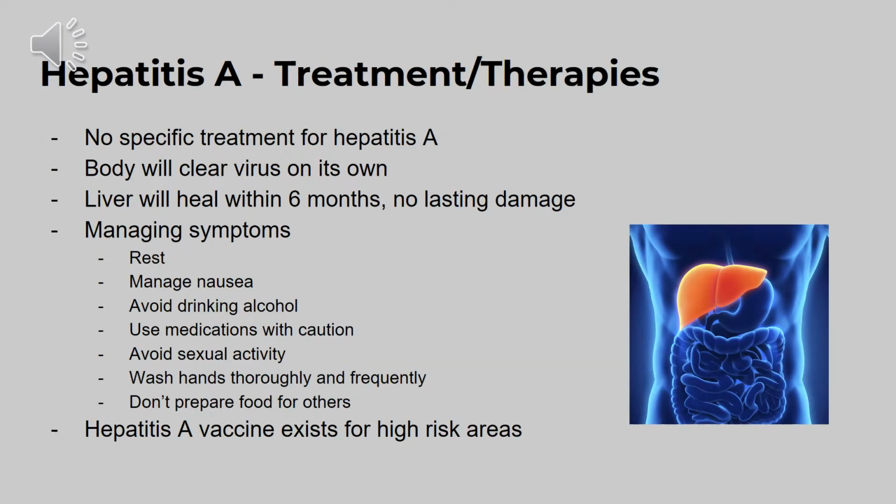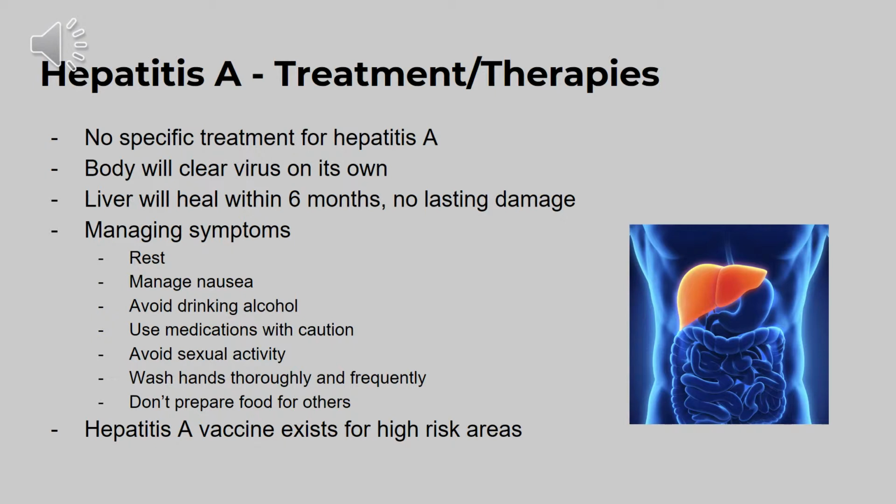As far as treatment goes, there is not a specific treatment for hepatitis A. Usually the body's immune system will clear this virus on its own, and the liver will heal within 6 months. Generally, there will be no lasting damage to the liver. Sometimes symptoms may need managing. That could include anti-nausea meds, rest, being careful and cautious with prescribed medications, avoiding alcohol and sexual activity, washing hands thoroughly and frequently.